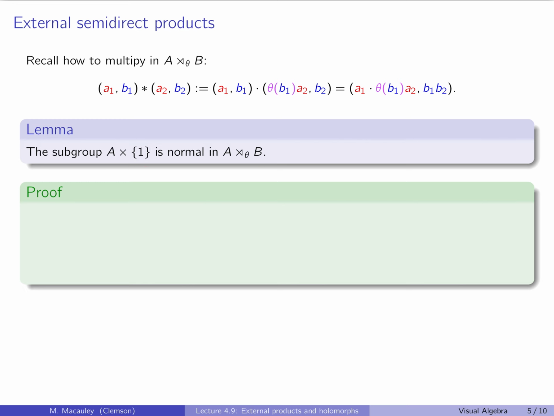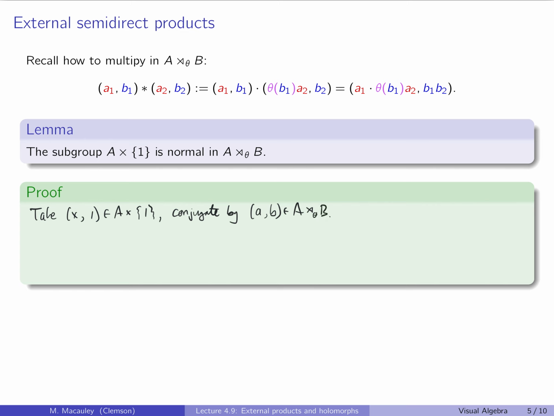So let's take some (x, 1) in A cross the identity, and conjugate by some element (a, b) in the semidirect product.